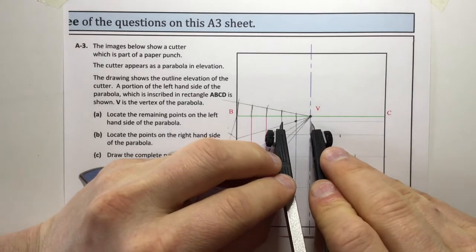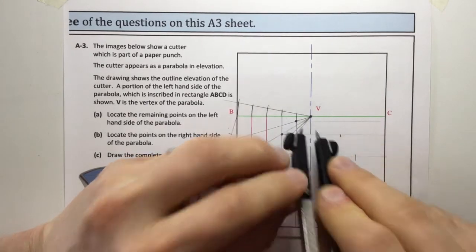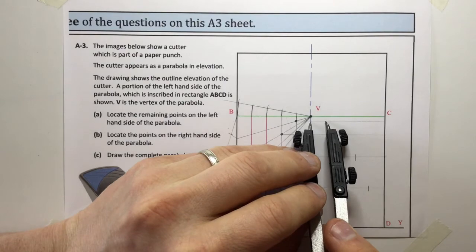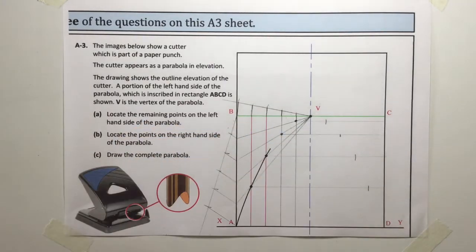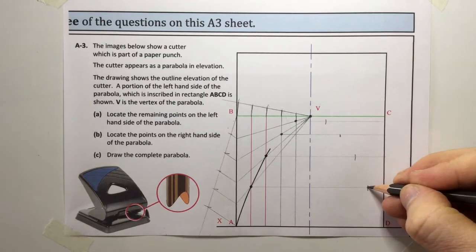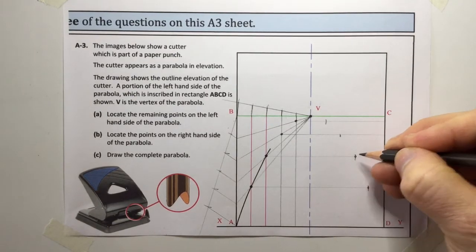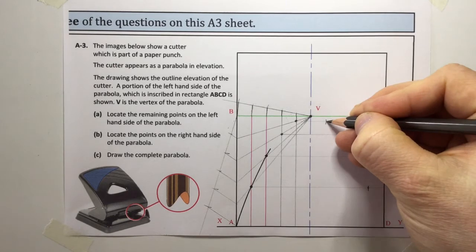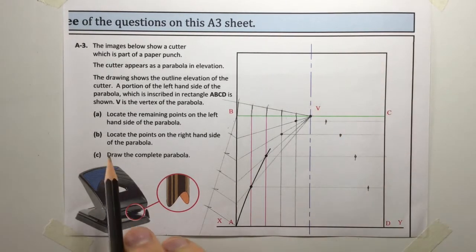And the fourth one is quite small, and I can repeat that there as well. Okay, so now I have my 4 points. I'll just highlight them a little bit better there. So that's part B done.